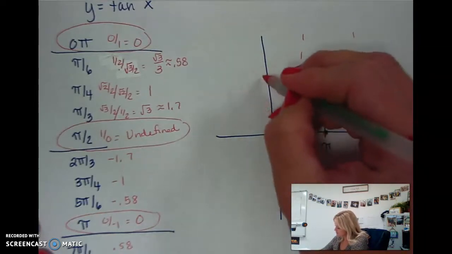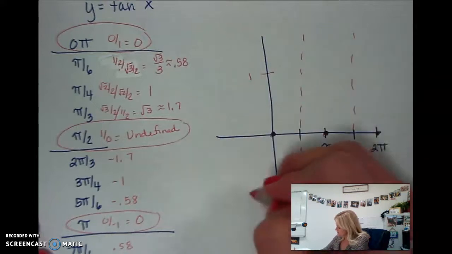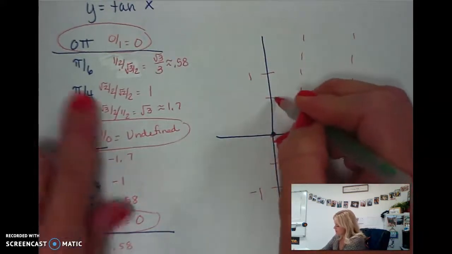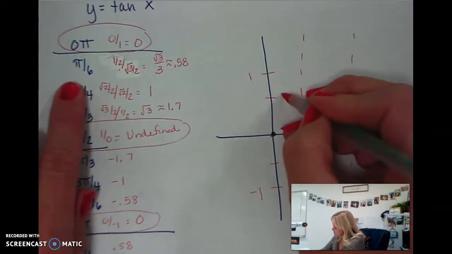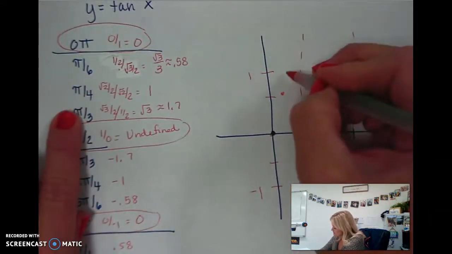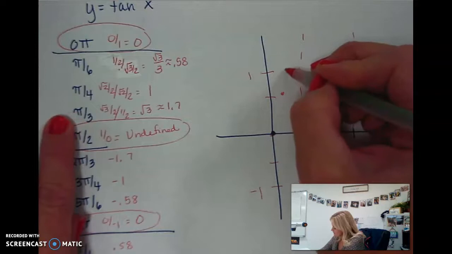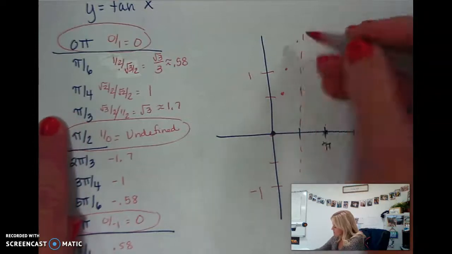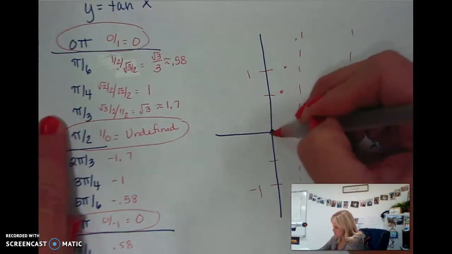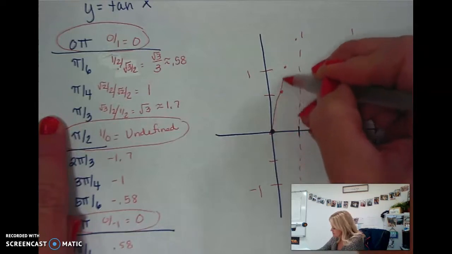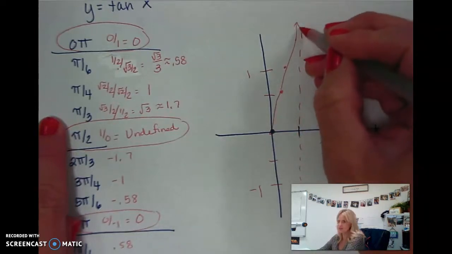If I go up to 1 and -1, I know that at pi over 6 it's a little over half. Then it's at 1, and then it goes up to 1.7. And what the tangent graph does is it turns and twists and hits the asymptote.